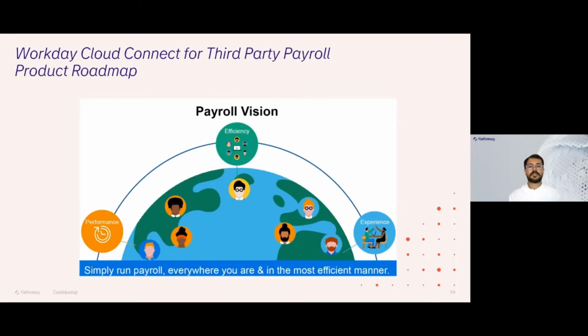So, what is the vision for the third-party payroll product roadmap? Workday is continuously improving the payroll for different countries, and they are basically focusing on performance, efficiency, and experience.